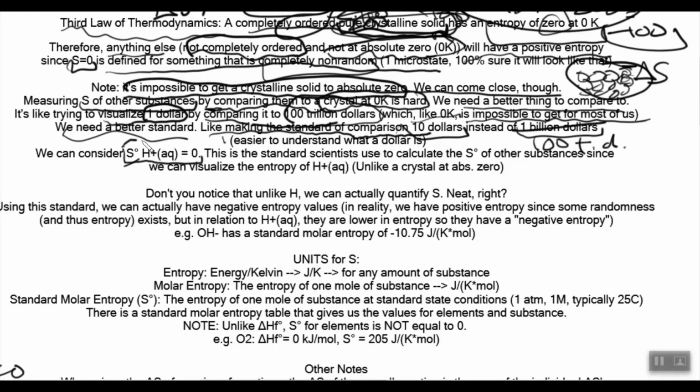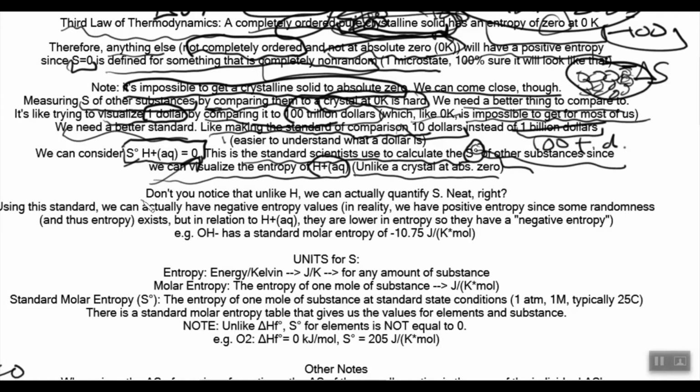So if we set this as our standard, that the standard entropy of the hydrogen ion is 0, this is a good standard, because scientists can use it to calculate the standard entropy of other substances, since we can visualize the entropy of the hydrogen ion, unlike a crystal at absolute zero. And notice that this is the naught symbol, and that just states that we're at standard state conditions. And we'll talk about that in a little bit.